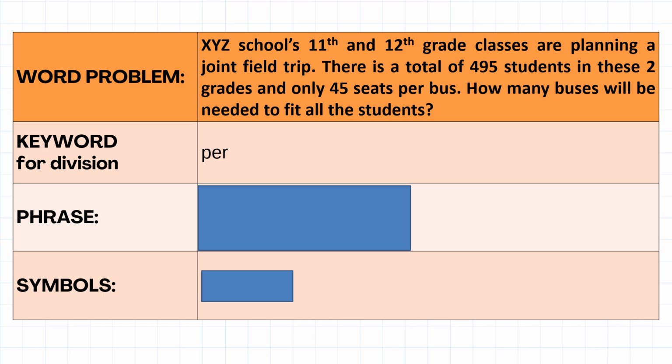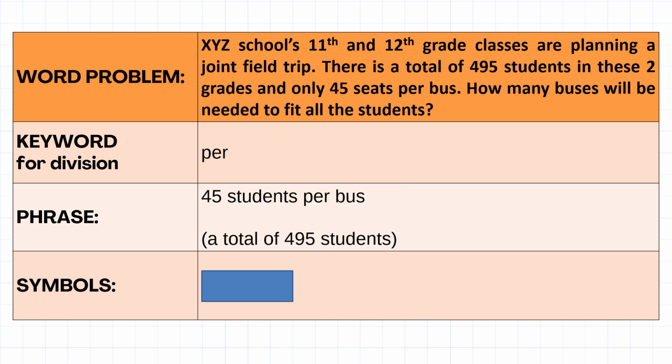And the mathematical phrase that can be extracted from the word problem is 45 students per bus. Take note that one bus can only accommodate 45 students since a bus has 45 seats. So one student per seat. So 45 students per bus.